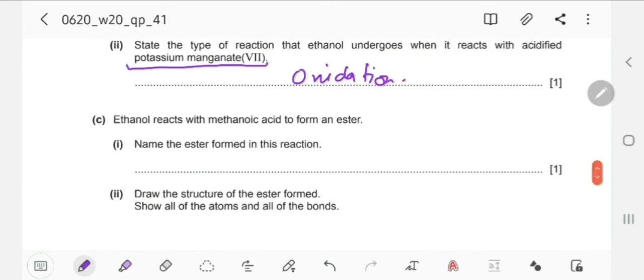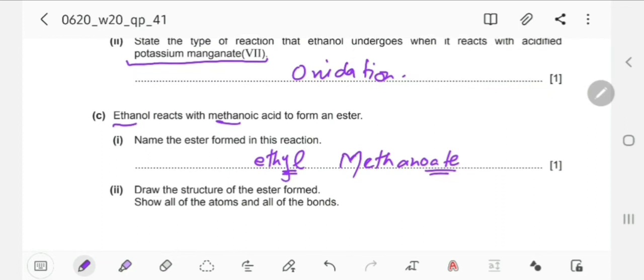Okay, name the ester formed in this reaction when ethanol reacts with methanoic acid. So it would be simply ethyl methanoate, because ethanol will give ethyl, and methanoic acid would turn into methanoate. Remember these kinds of names, YL and ATE. ATE goes with the acid, and YL goes with alcohols.